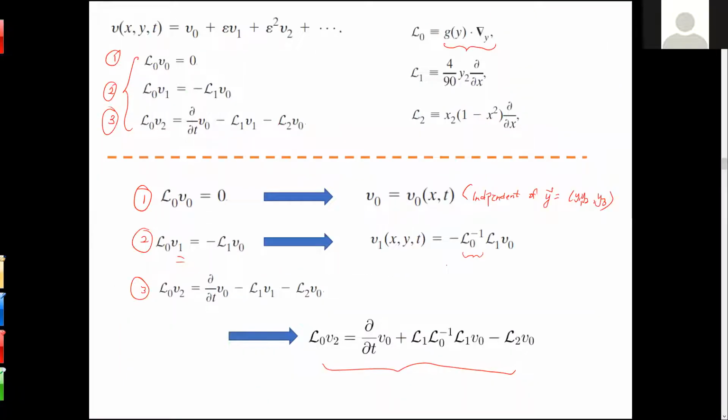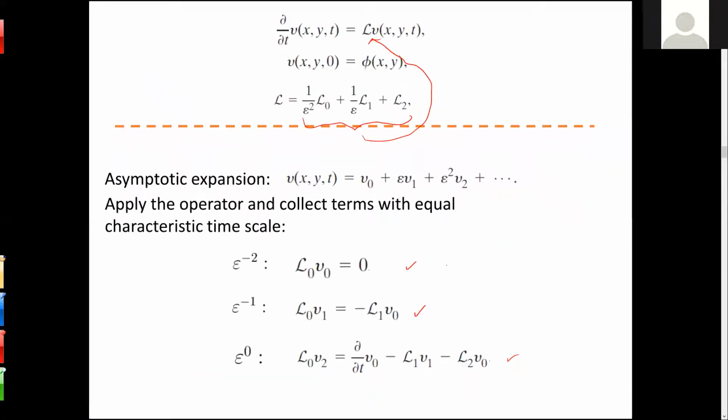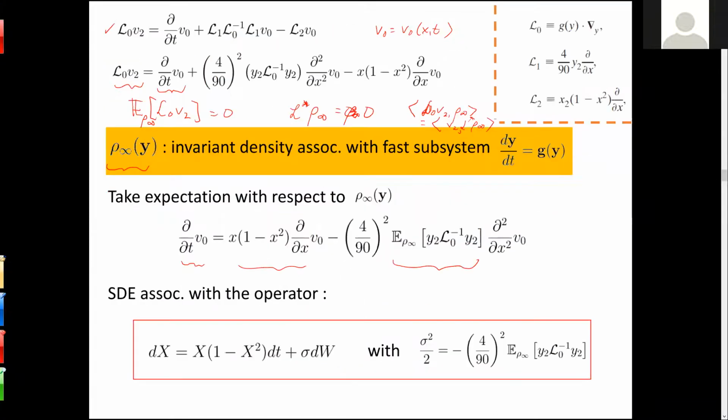And take note that this is an approximation of V. V0 is only an approximation of V. If you go back to how we expand V, we expand V as V0 plus epsilon V1 plus epsilon squared V2. So it is only as good as how small epsilon is. So in the limit, V is V0 as epsilon goes to 0.